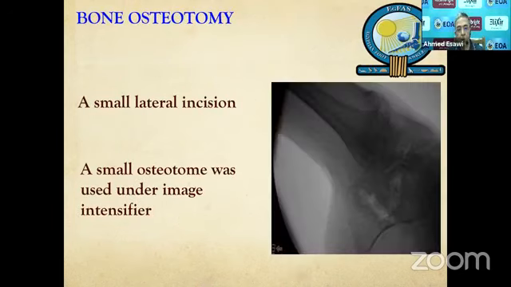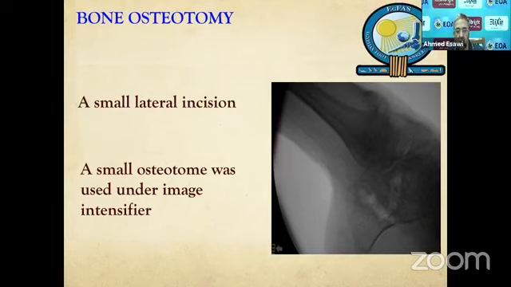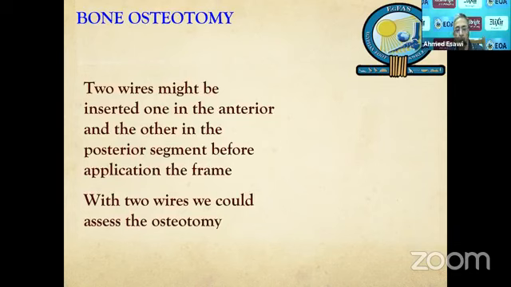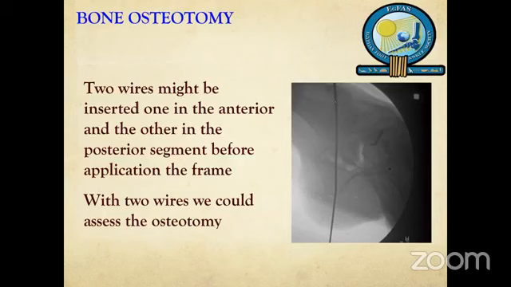It is just a small incision, and we can do it with a small osteotomy going to the head of the talus and to the superior part of the calcaneus, and we insert two wires, the first in the anterior part and the second in the posterior part, and it is also a good chance to check your osteotomy there.